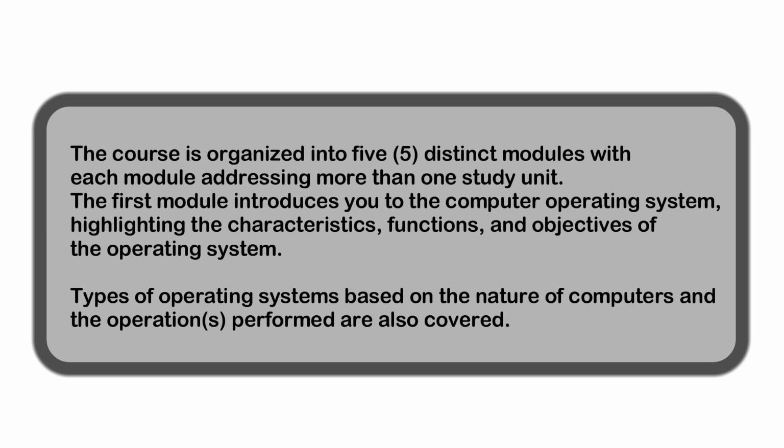The first module introduces you to the computer operating system, highlighting the characteristics, functions, and objectives of the operating system. Types of operating systems based on the nature of the computer and the operation performed are also covered.